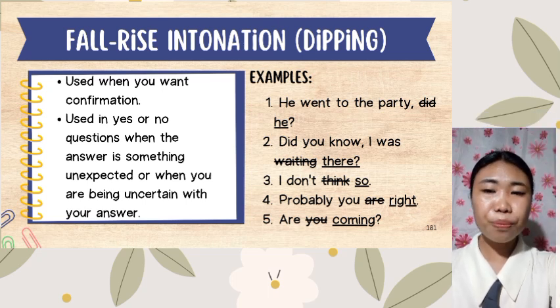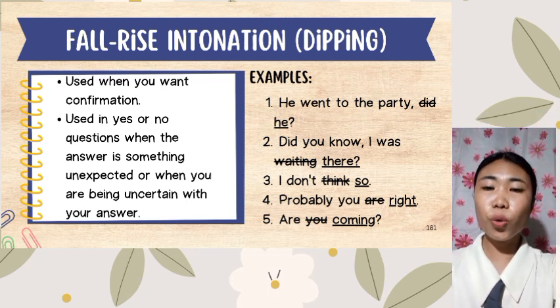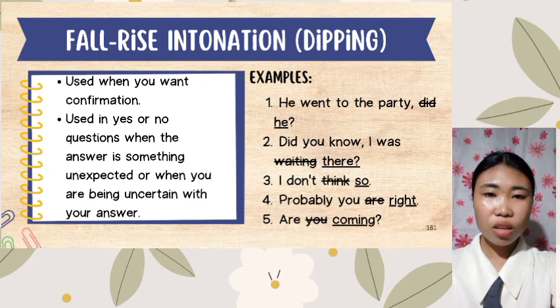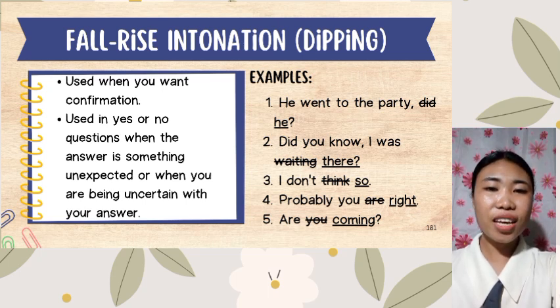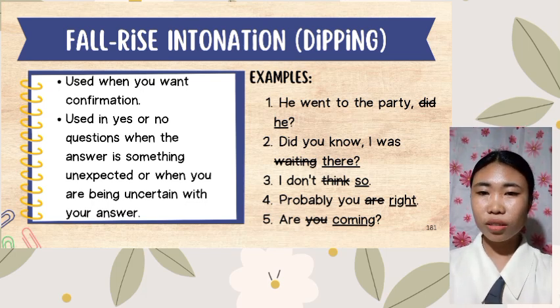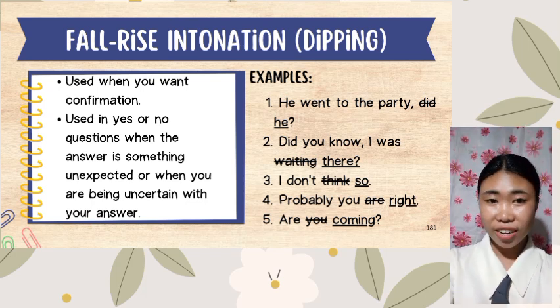So here are the examples. Number one, he went to the party, did he? In the word did, our voice goes down, and then in the word he, our voice goes up. Number two, did you know I was waiting there?